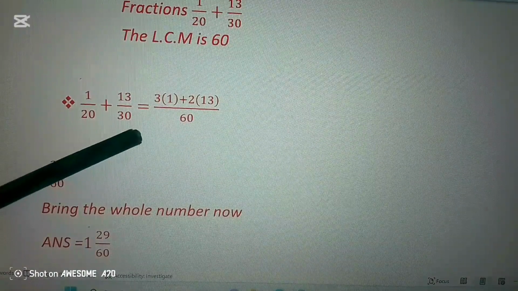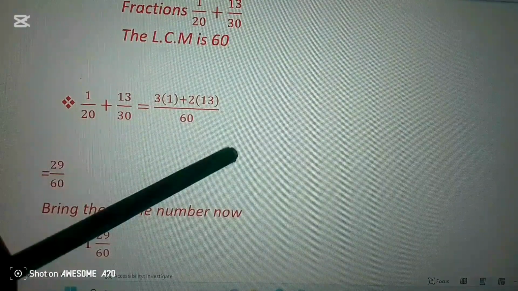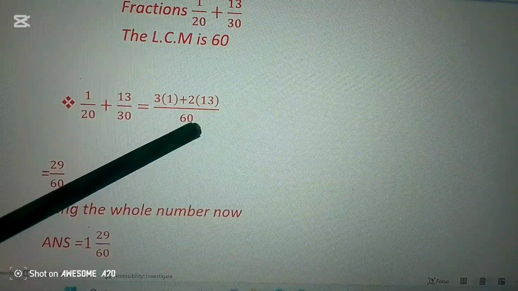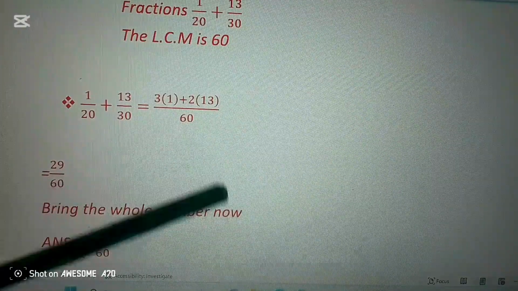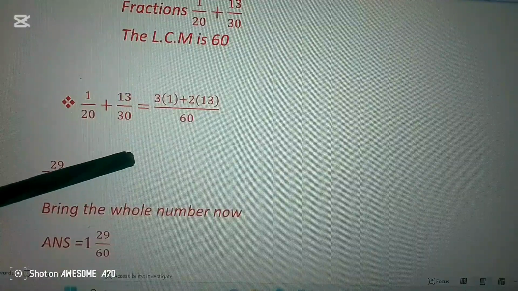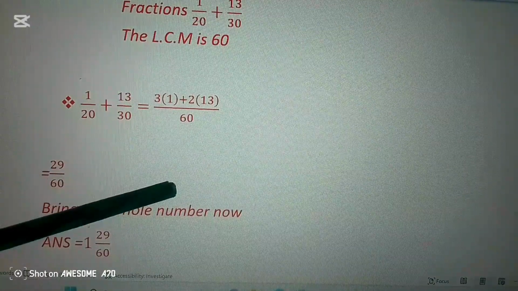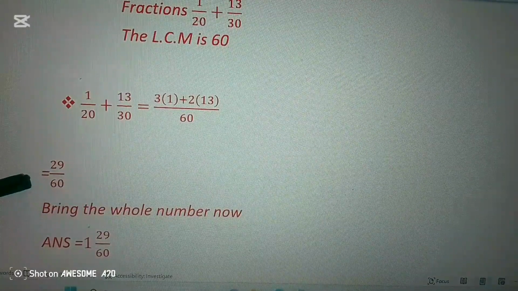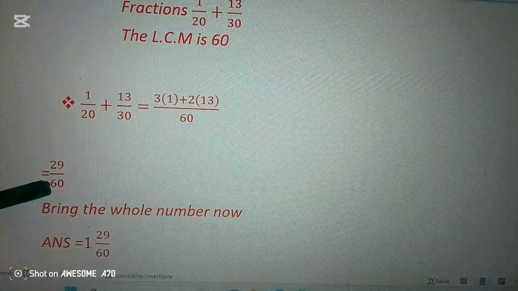So in the numerator we have 3 plus 26 over 60, which is 29 over 60.